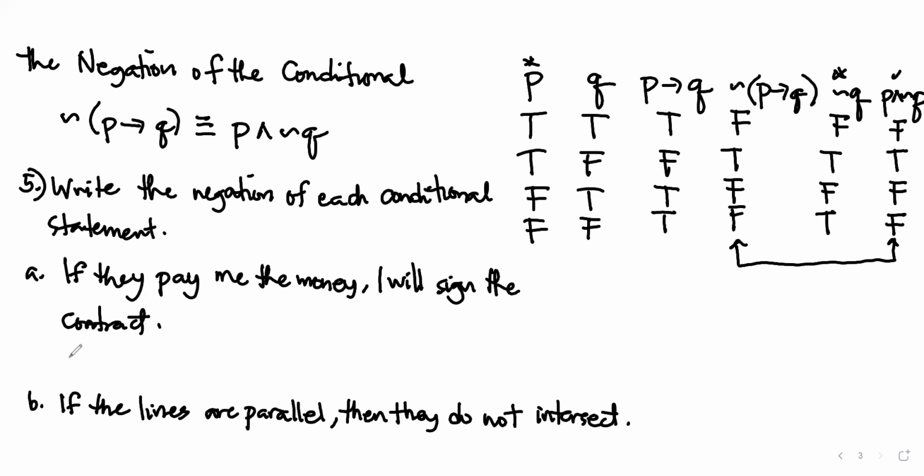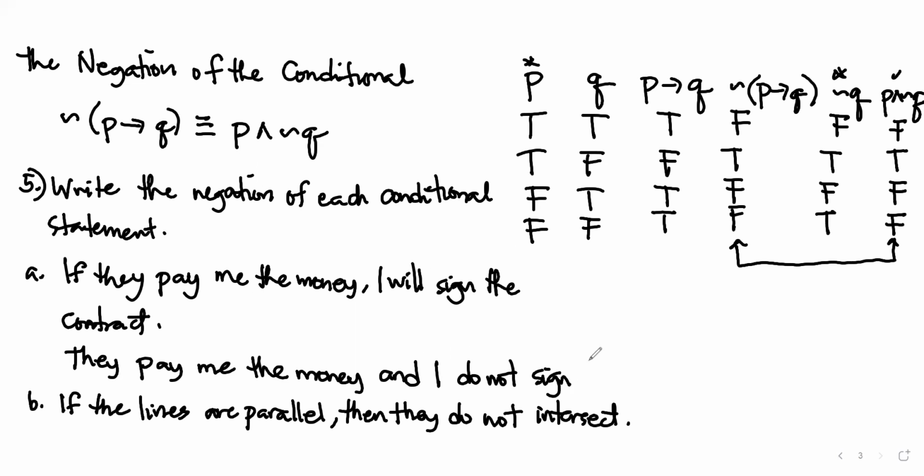We'll write: they pay me the money, and we use "and," we're going to negate our consequent, "I will sign the contract." So the negation of that: and I will not sign the contract.